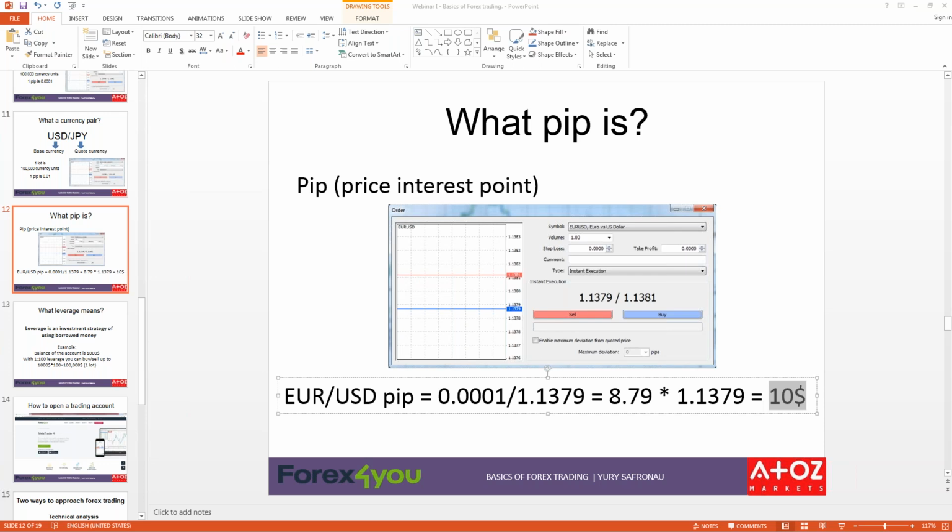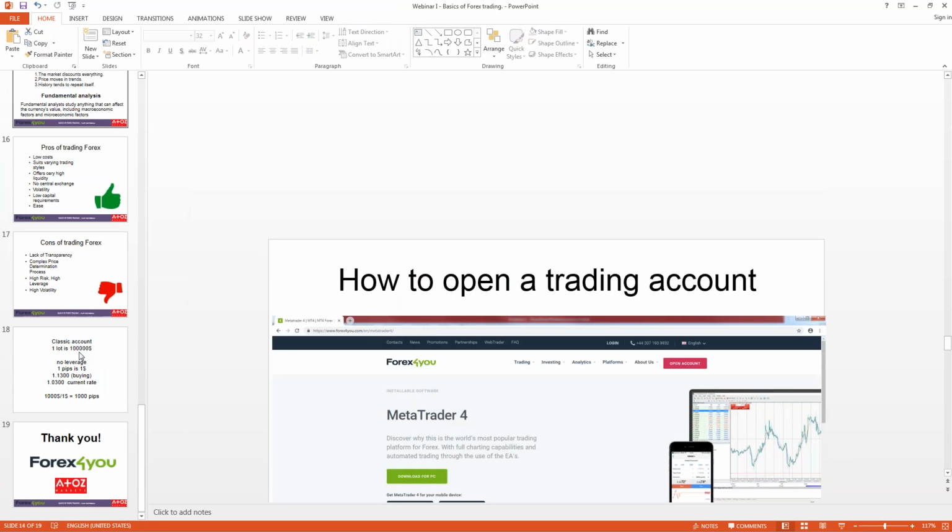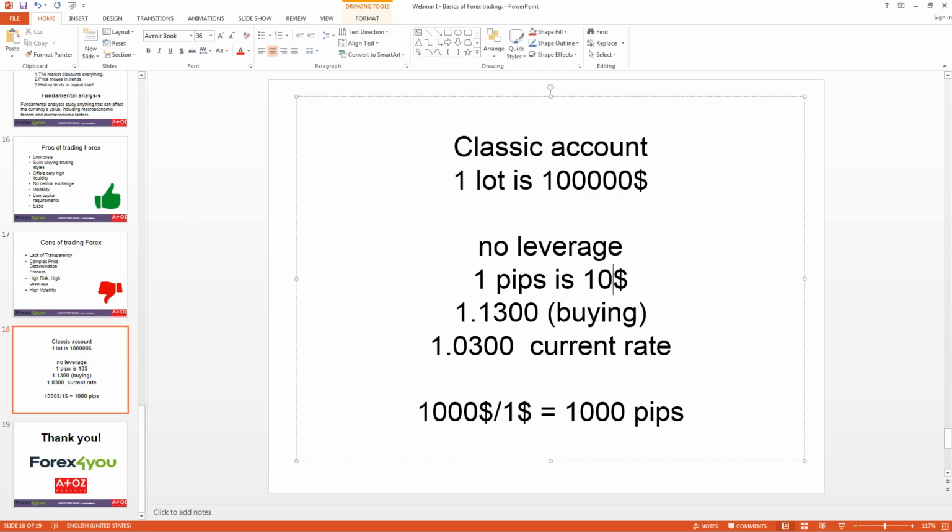How do we calculate $10 as 1 pip? That's the formula, and it's very easy. One lot, like EURUSD pips, that's how it's calculated. Basically, one lot is 100,000. It would be $10.